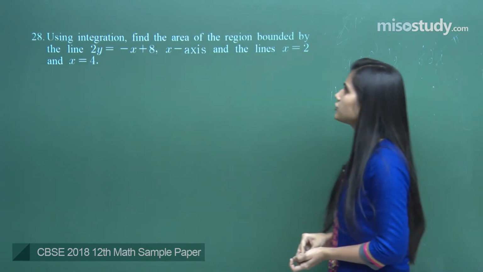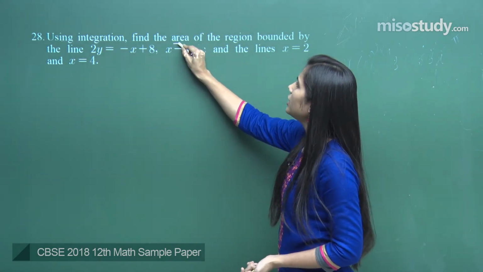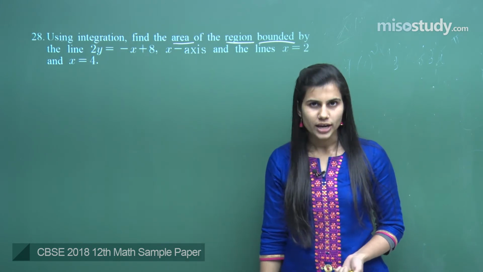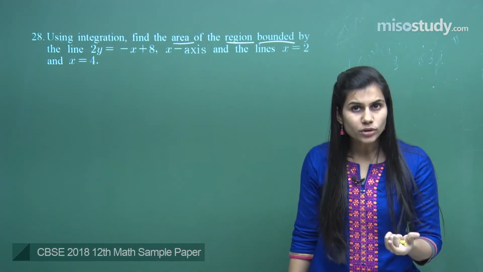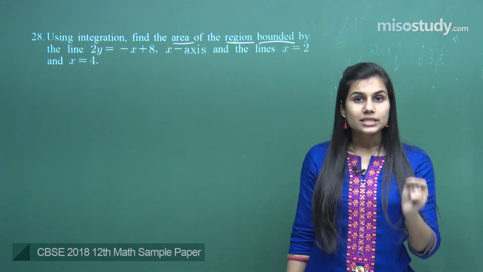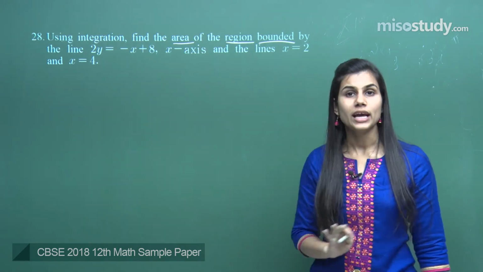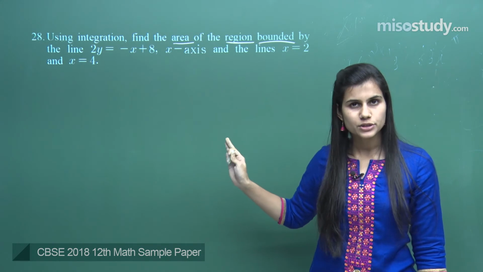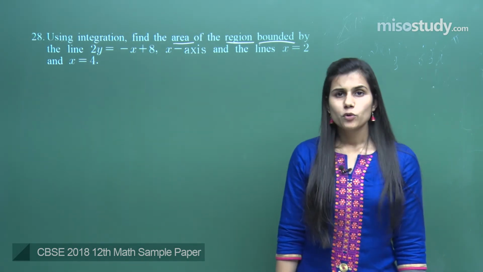What is this? Isn't this related to the area of bounded regions? Regions which are bounded, those regions' area is what we have already studied, and over that the question is being asked. So let's see what the question says.